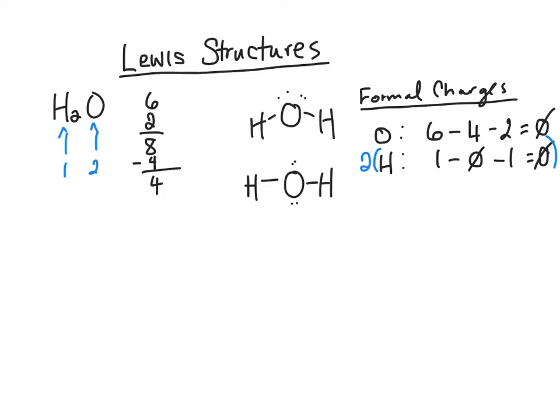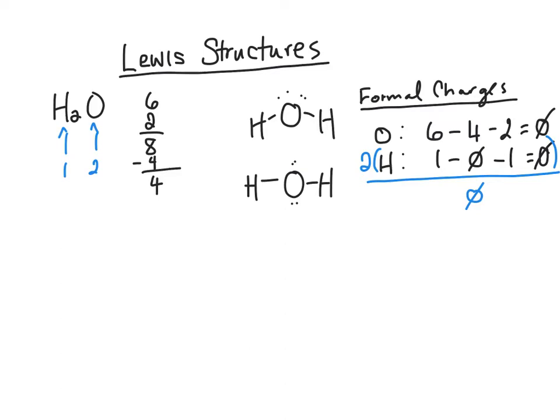Right now, 2 times 0 is 0, so that's okay. The sum of your formal charges should add up to the charge on your compound or ion. So compounds are always 0, so 0 plus 0 plus 0 is 0, so this is awesome. So there's H2O.